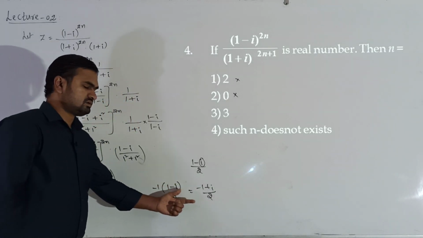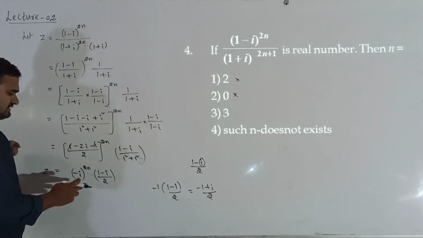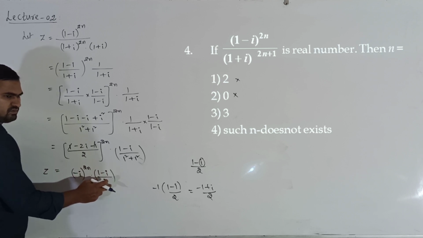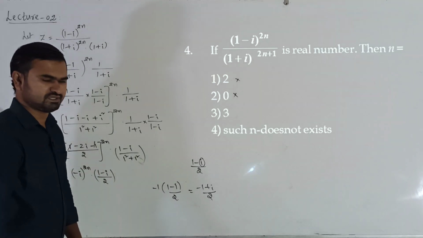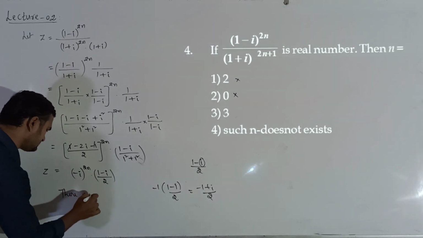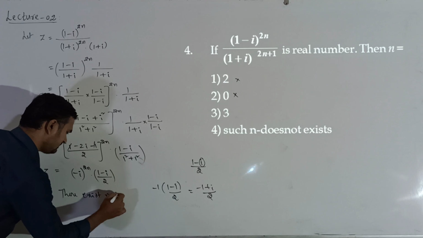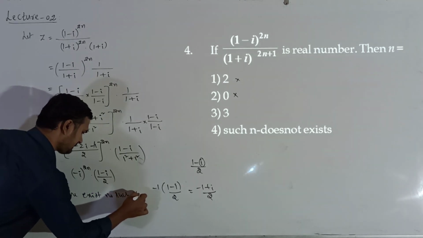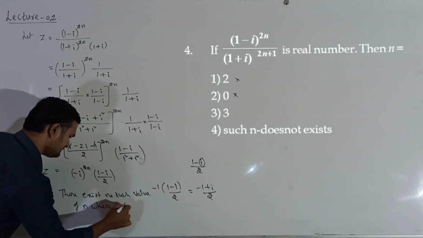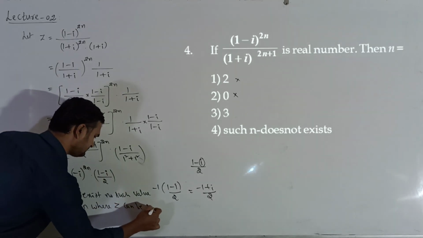Okay. So there will be no value of n. Observe here, any value of n we can take, this may be some real number. Okay. This will be a real number, but into 1 minus i by 2 we have. So into 1 minus i by 2 means this is complex, so the product will always be complex. So there exists no such value of n where z can be real.